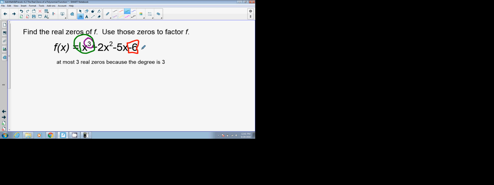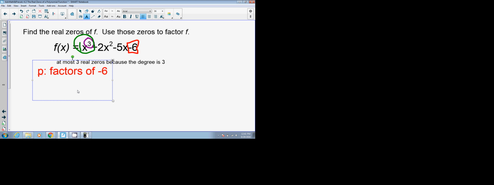So using the constant term and the leading coefficient, we want to find the factors of each of those. So we start off with the constant term, which is designated as P. Again, we want to list the factors of -6. Factors are two numbers that multiply to the given number.